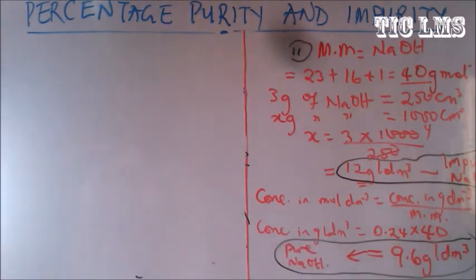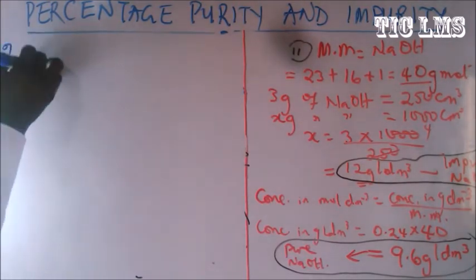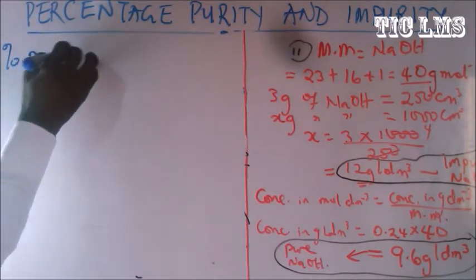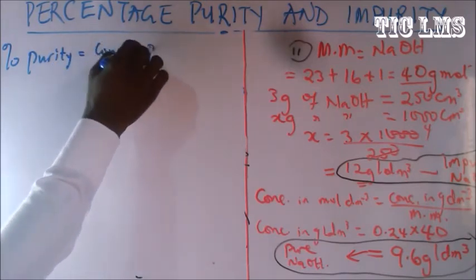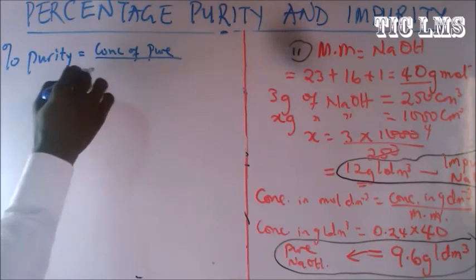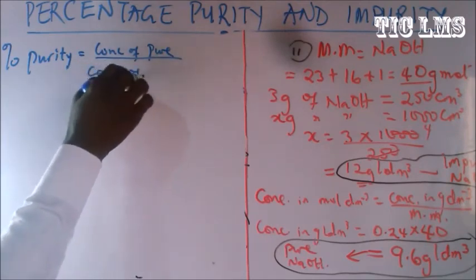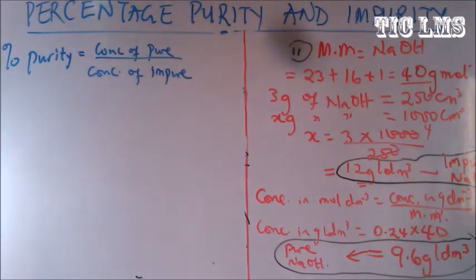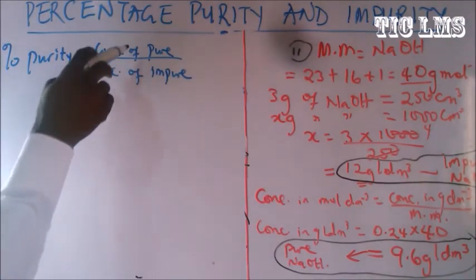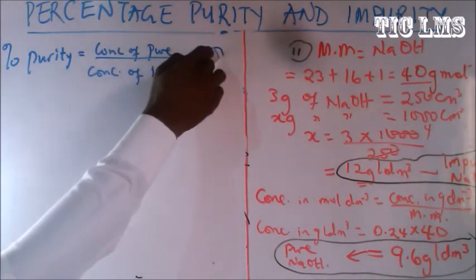And so next we have to calculate the percentage purity. So we have it that percentage purity equal to concentration of pure over concentration of the impure. And don't forget now that we are using the gram per dm cubed for both of them, of the sodium hydroxide, times 100.